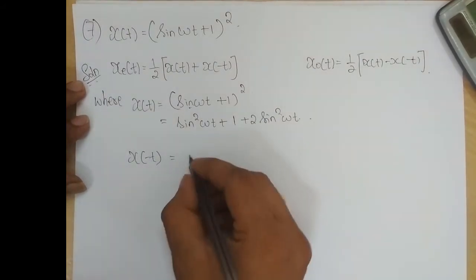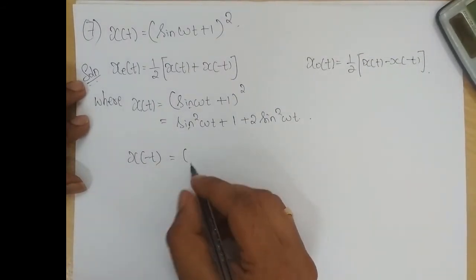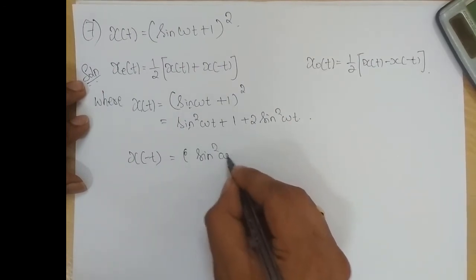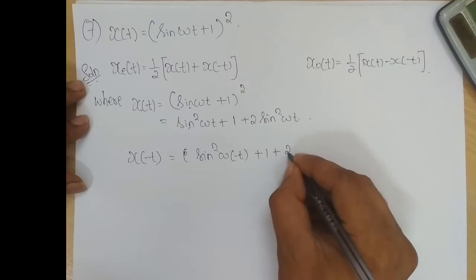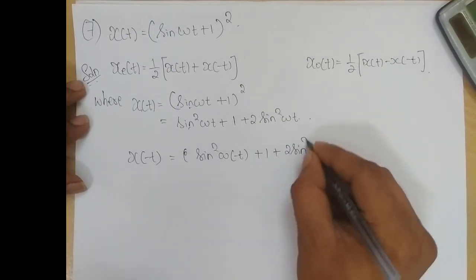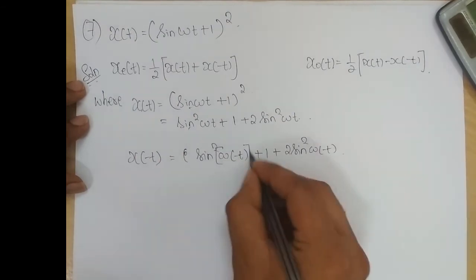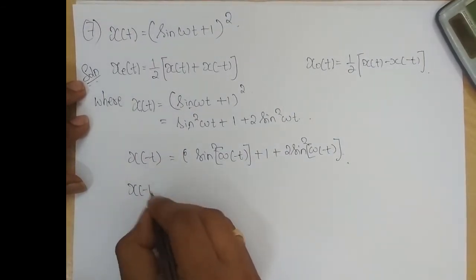In x of t equation, wherever t is there, I have to replace it by minus t, right? So sine square omega minus t plus 1 plus 2 into sine of omega into minus t, right? Mind you, this entire thing is in the angle, right? So x of minus t is equal to what?